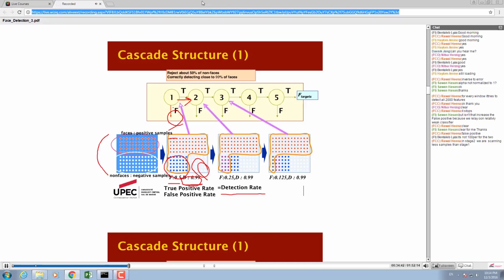Yes, exactly. So in stage 2 we are scanning fewer samples, right? Stage 2 is not processing all the windows. Stage 1 definitely has to process all the windows, because all the windows go to stage 1.